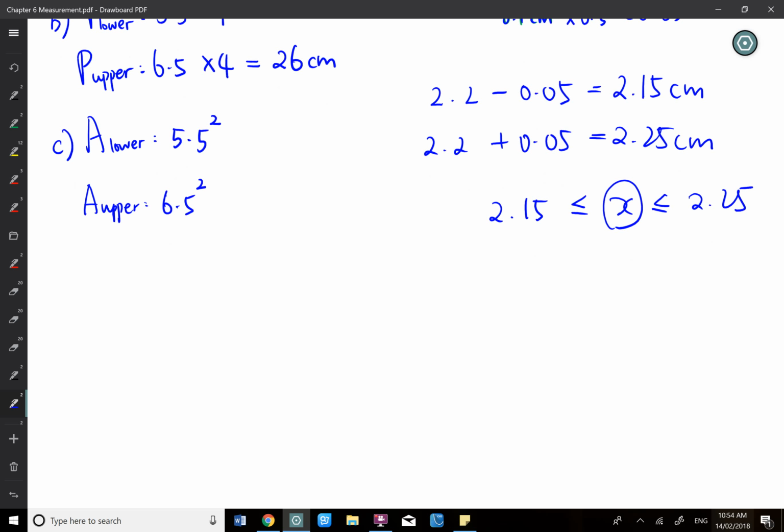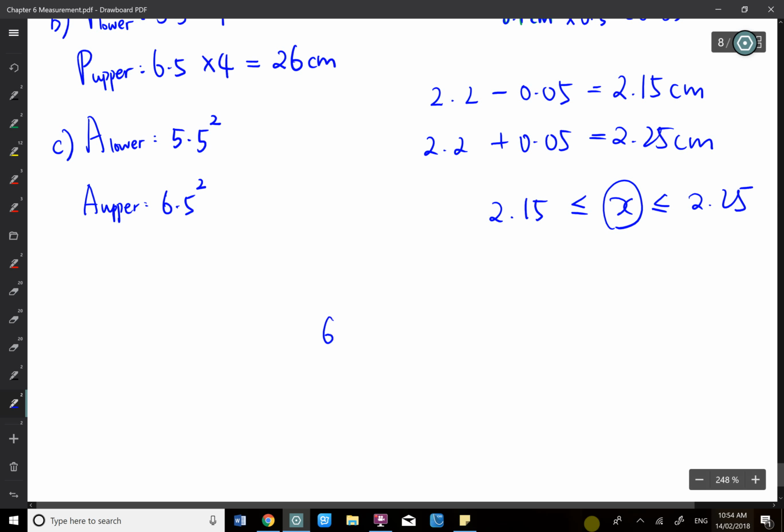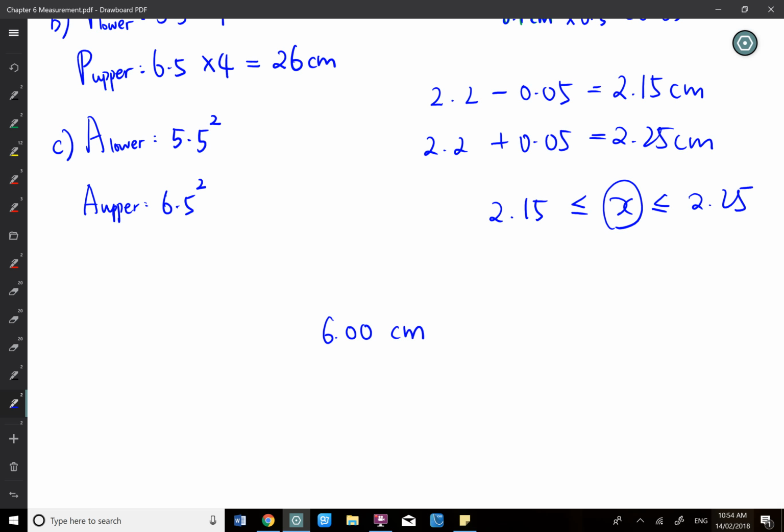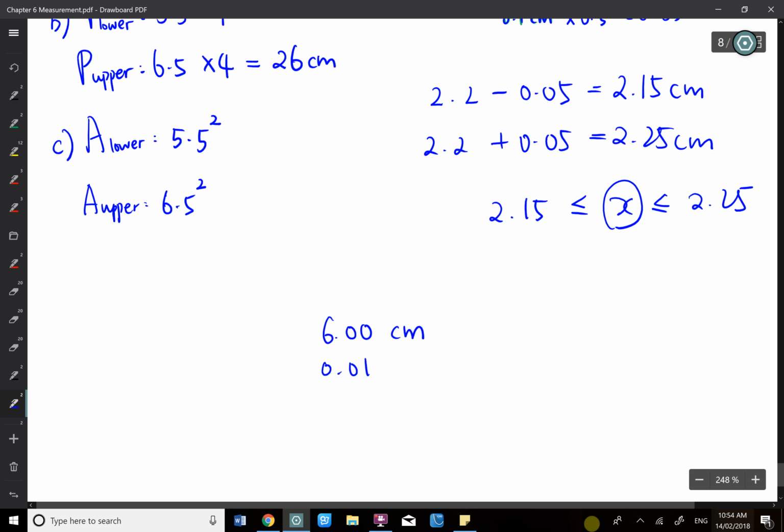Just to emphasize again: if you have something measured at 6.00 centimeters, your lowest measurement unit will be 0.01 centimeter. The value can go up and down by this times 0.5, so you have 0.005 centimeter.